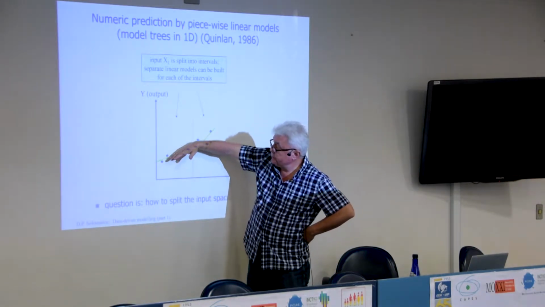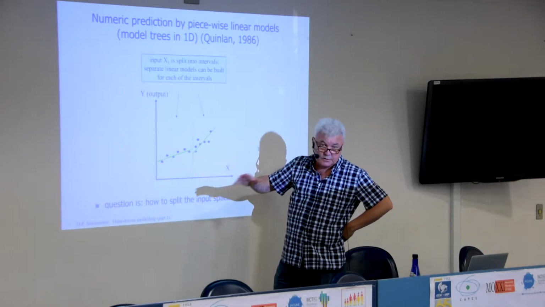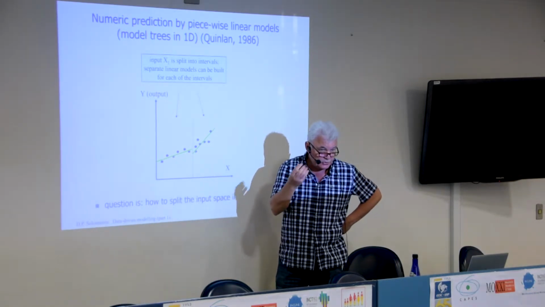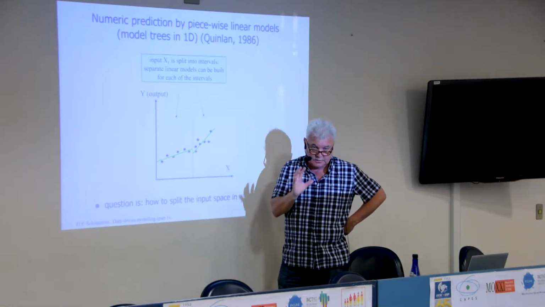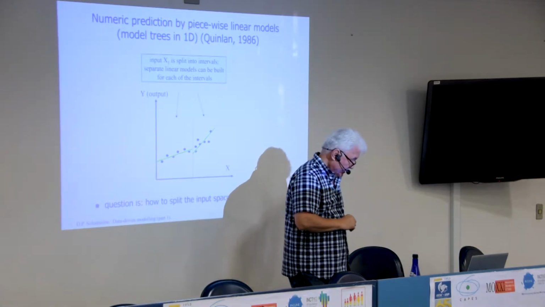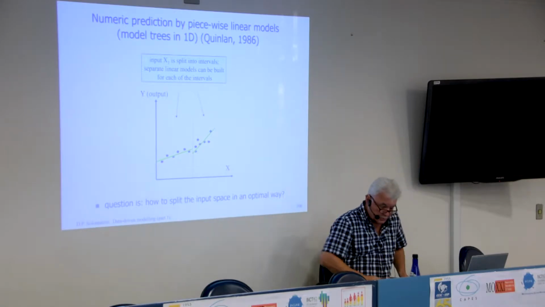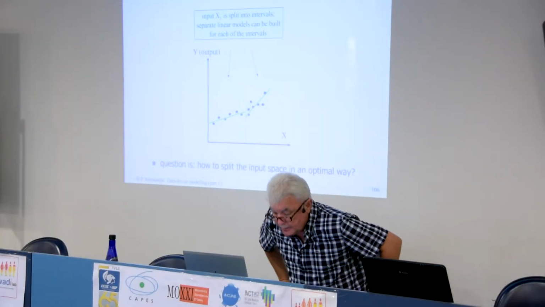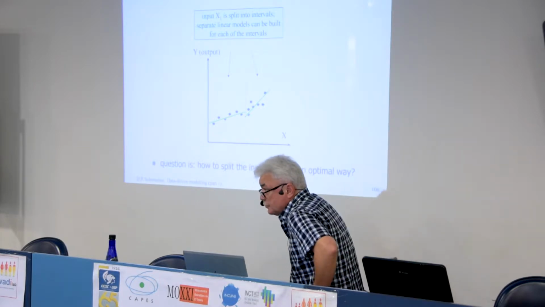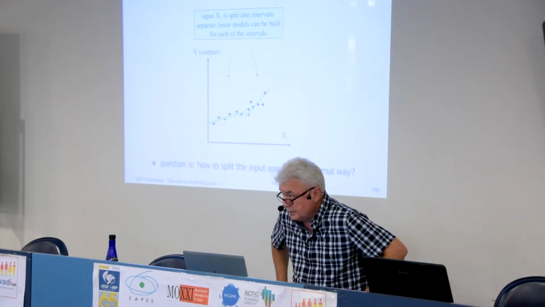How to build these models and how to split, maybe we need a lecture to discuss it, but it's based on a continuation of the idea of entropy. But I will not go into detail here. If you want to learn more about model trees, read a book from authors from New Zealand who developed Weka software, actually.